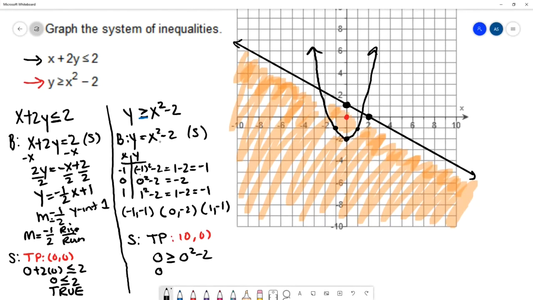That simplifies to 0 is greater than or equal to -2, and that's true. So I'm going to switch my color here for shading. So we have the true side being inside the bowl of the parabola.